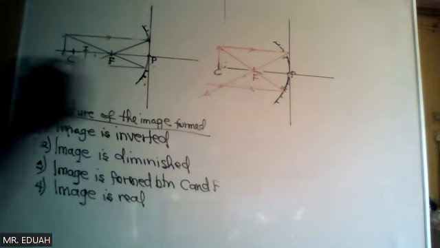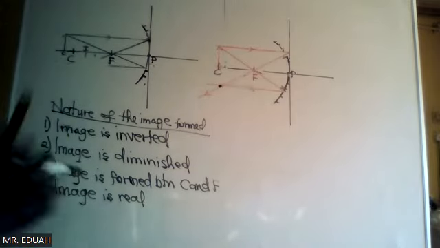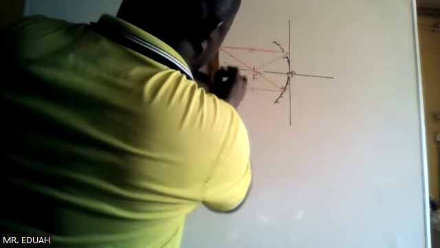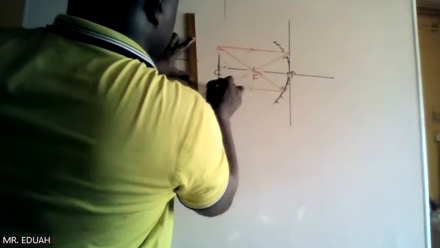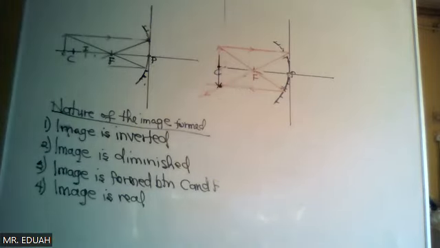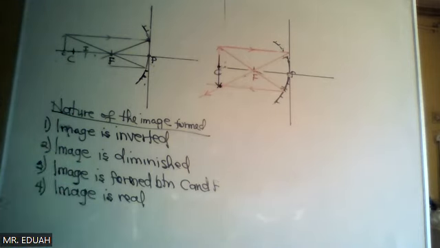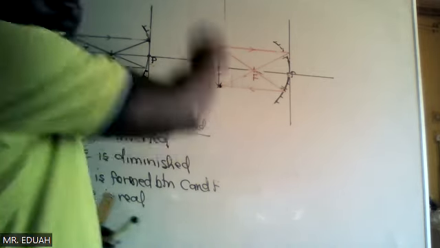So this is the point where the two reflected rays are meeting. And that should be the position of the image. Let me approximate it to where the object is.